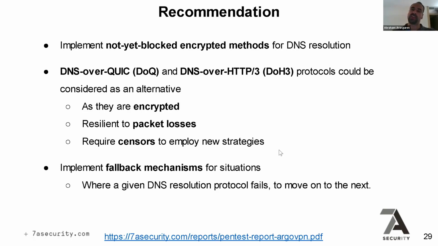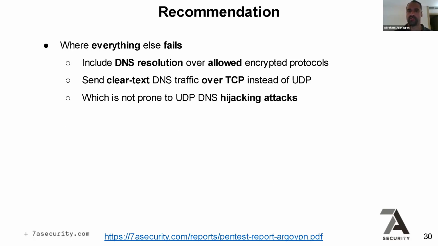So they can achieve what they want to achieve, which is to provide Iranian users access to the free internet, whereas they would not be blocked, right? And then they could have fallback mechanisms, right? So if one DNS resolution method doesn't work, they could fall back to another, right? So this would be our recommendation and why you need a manual pen test.